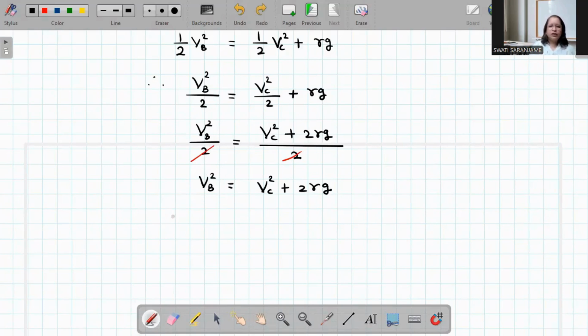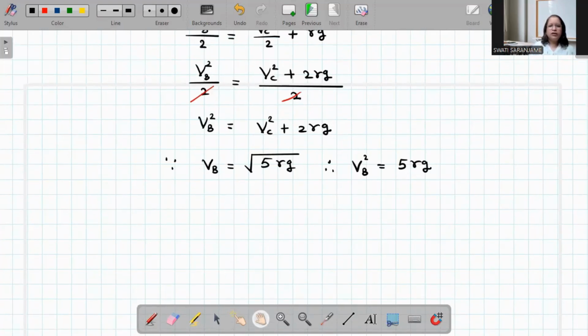Now here we have already found out the speed of the object at position B, and that is nothing but under root 5RG. Since VB is equal to under root 5RG, therefore VB square is equal to 5RG. What it gives us, 5RG is equal to VC square plus 2RG.